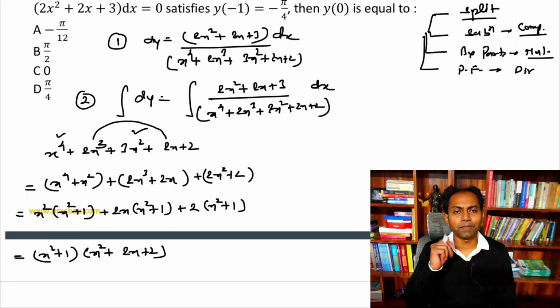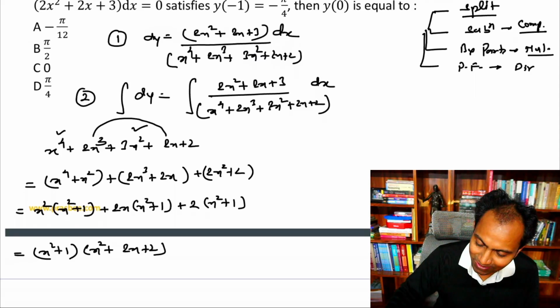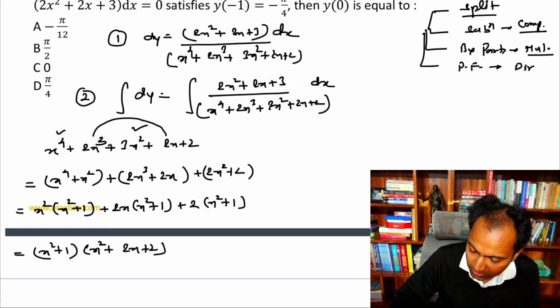Now the interesting part is that the question is built in such a manner that the numerator is nothing but the sum of x square plus 1 and x square plus 2x plus 2.